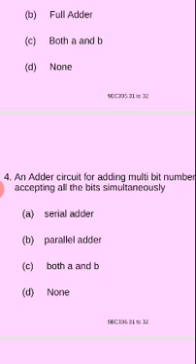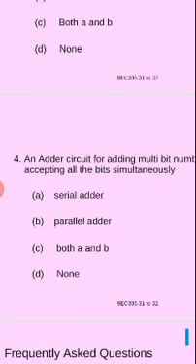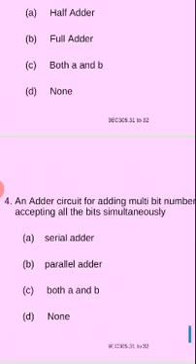Serial adder, parallel adder, both A and B, none. It is parallel adder. Option B is the right answer.